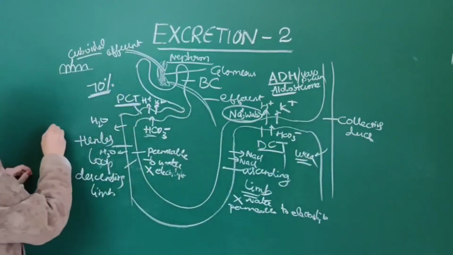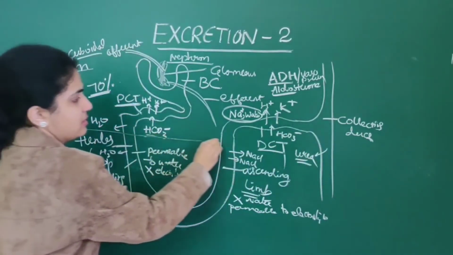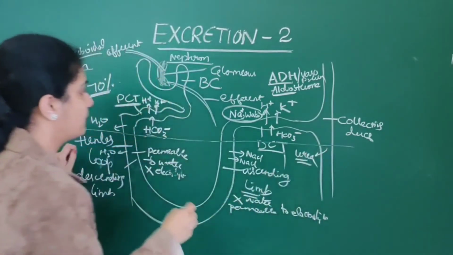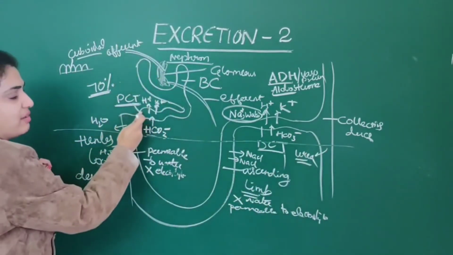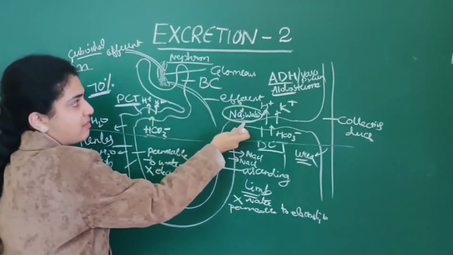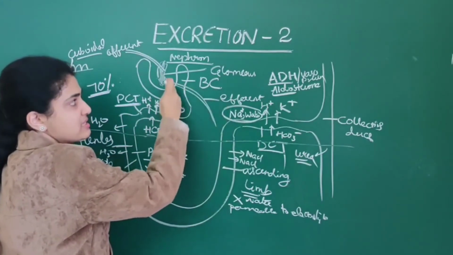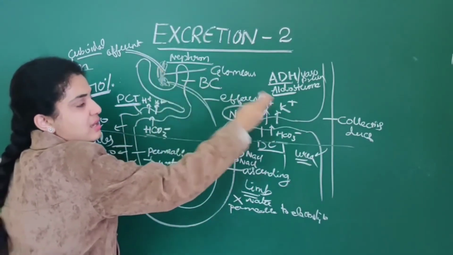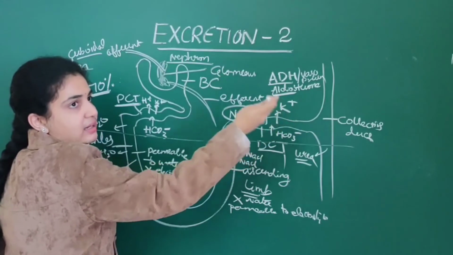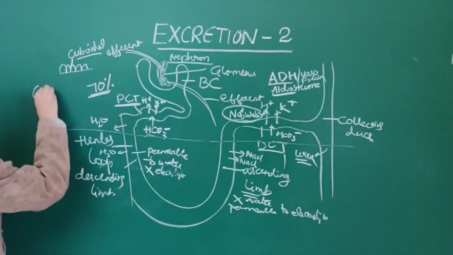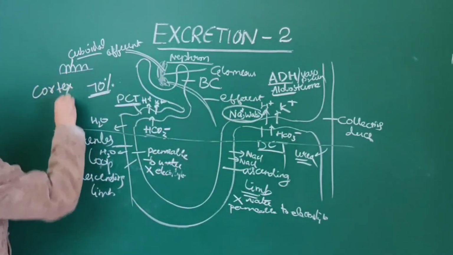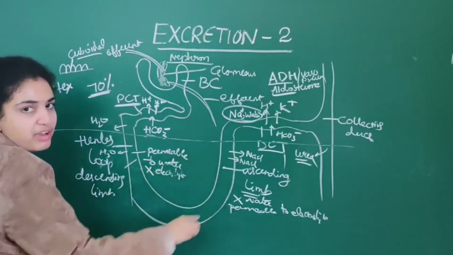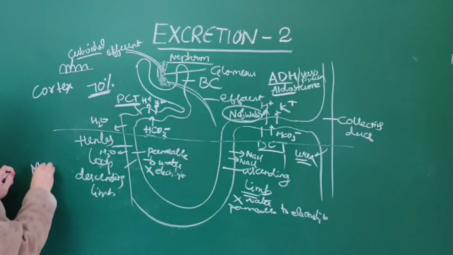See, I am drawing one line here. This line is nothing but the proximal convoluted tubule, distal convoluted tubule, Bowman's capsule, glomerulus, and half of the collecting duct. Everything will lie in the cortex. Only the loop of Henle will lie in the medulla.